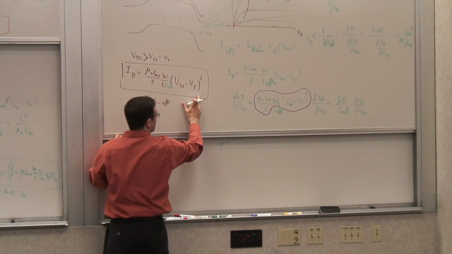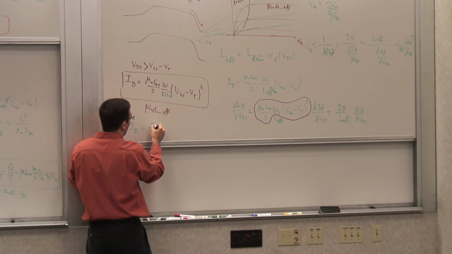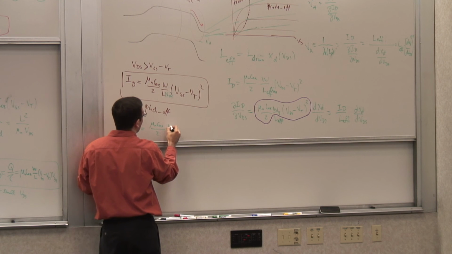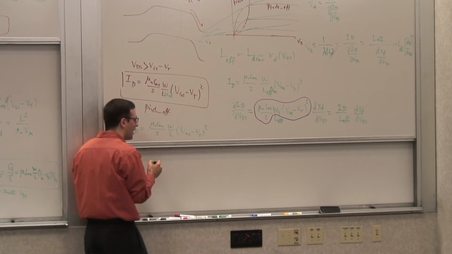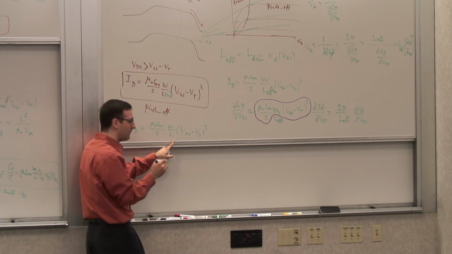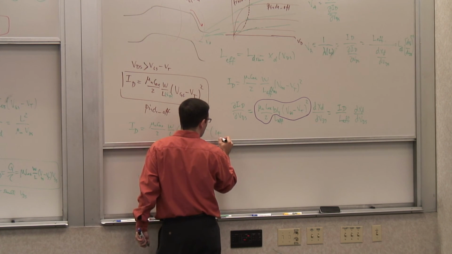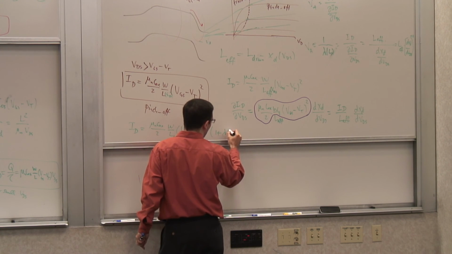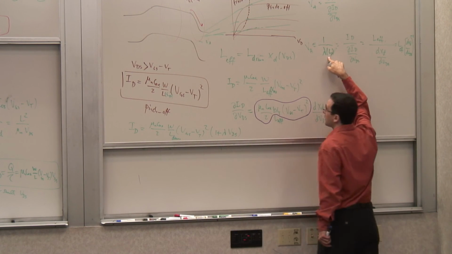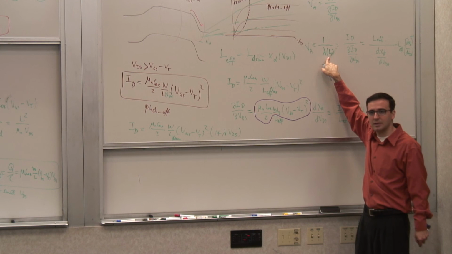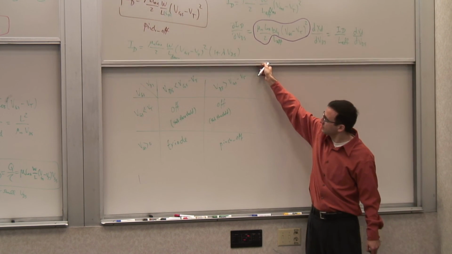Now, one simple way, as an approximation, to modify this expression is to modify it in the same way that we modified the bipolar transistor, in that Taylor series expansion.